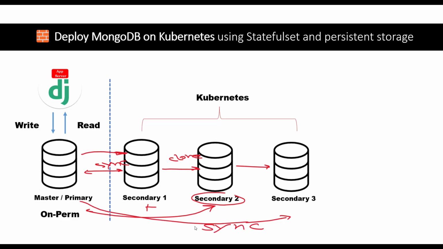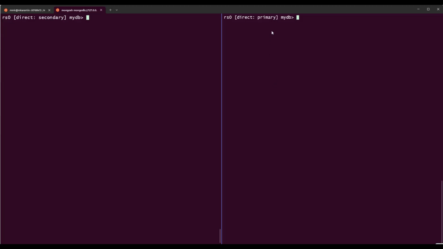So let's go into the terminal and see if the data is cloned and synced on each of them one by one. On the right side, I am connected to the primary one, the Docker one on-prem, and on the left side, I am connected to the first pod as secondary one.